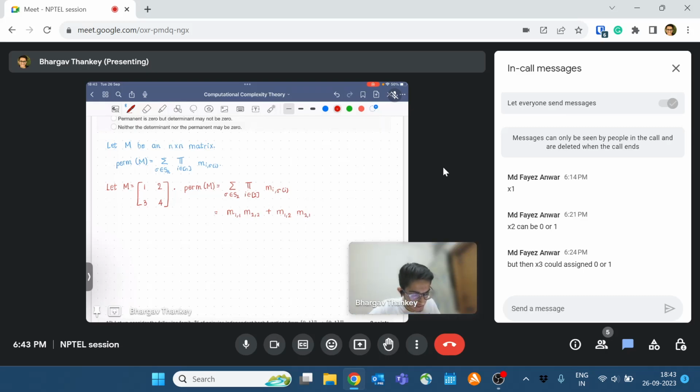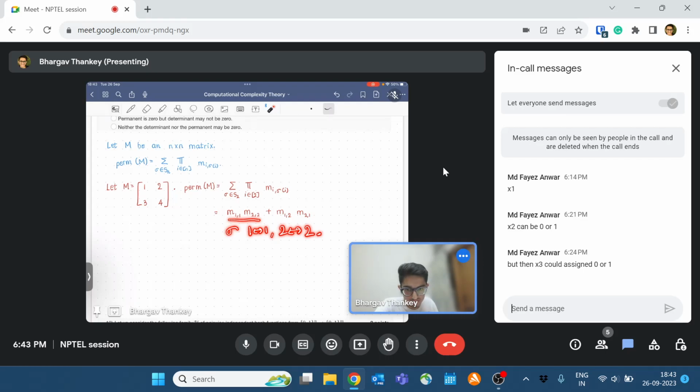Over here, the permutation maps 1 to 1 and 2 to 2, and the product over i of M i sigma i is M1 sigma 1, which is 1, M2 sigma 2, which is 2.